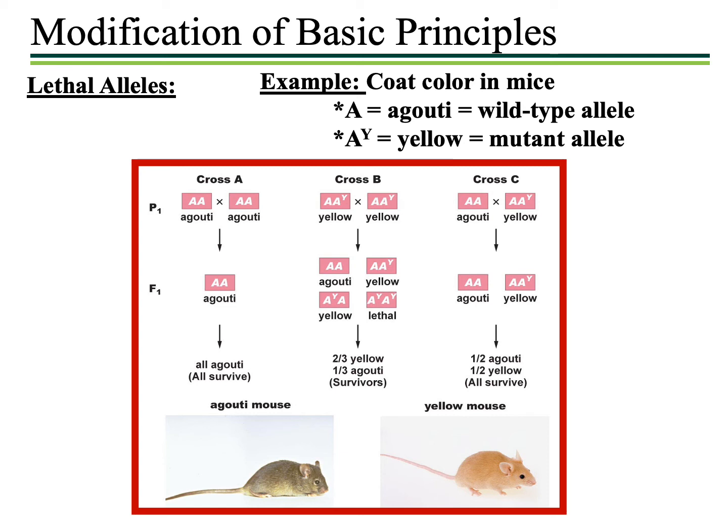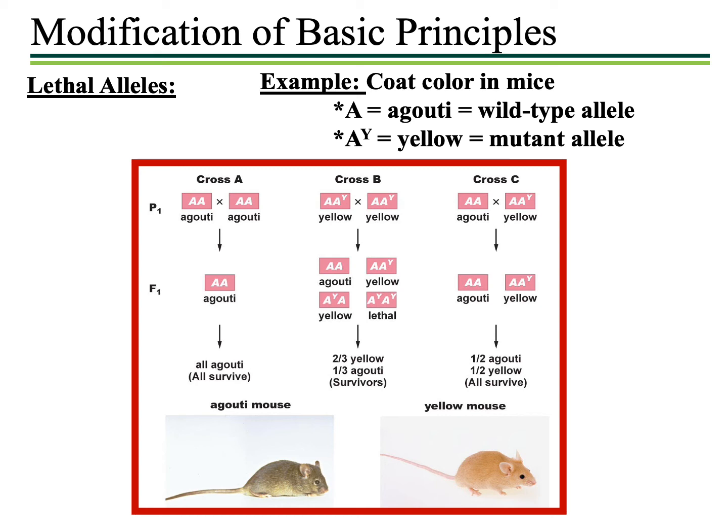So in that case, we would now cross out the homozygous yellow individual because they've died, and that leaves us with 2/3 of the offspring being heterozygous and yellow, and 1/3 of the offspring being agouti.